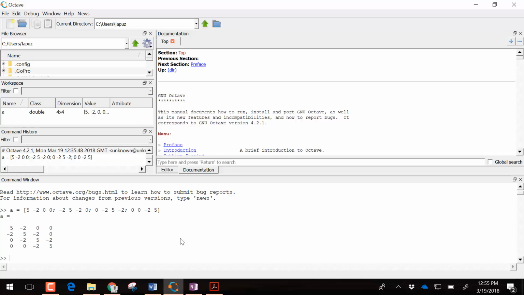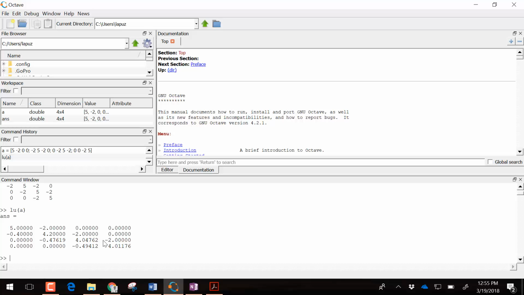If I just say LU decomposition of A, then I'm going to get some value, a matrix that doesn't seem like an upper triangular. So the command is to put L and U, and then LU of A.